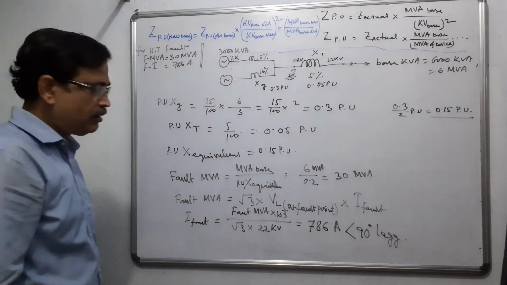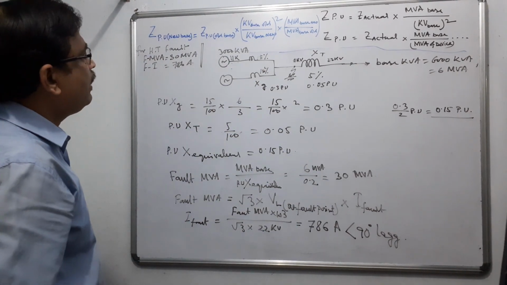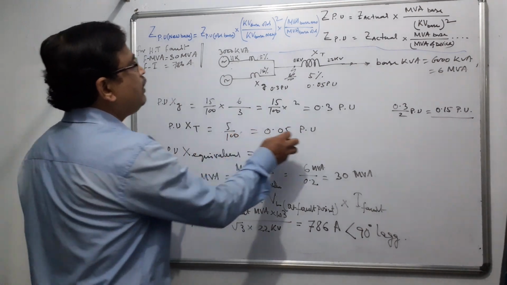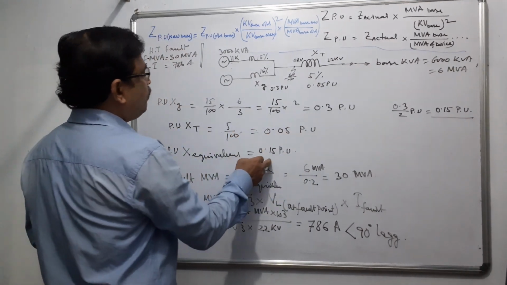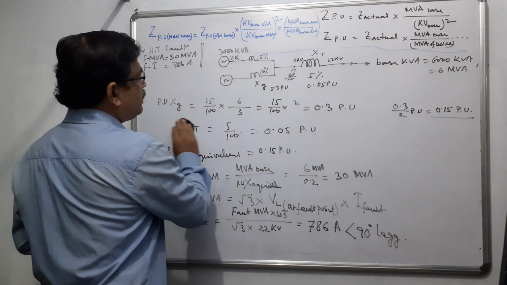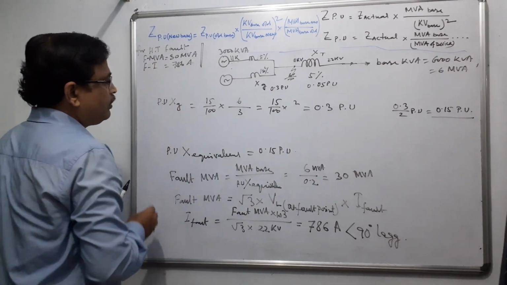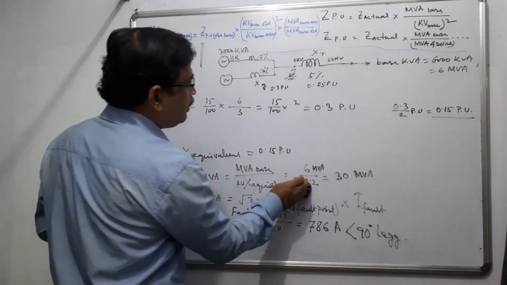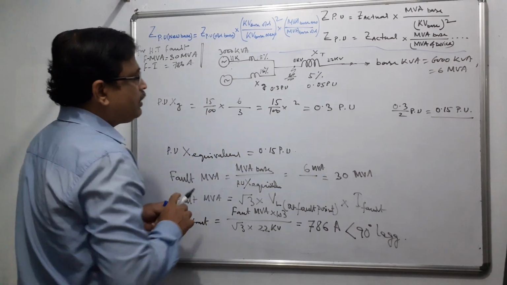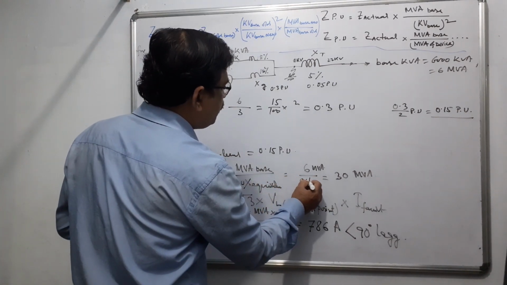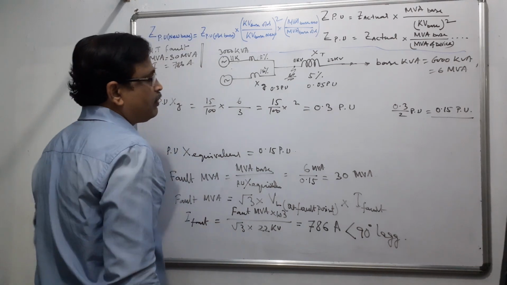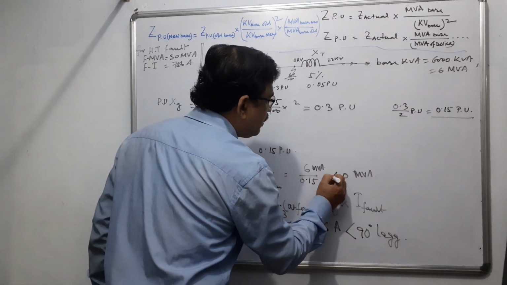I think the previous part was clear. Now it will be only this 0.15, and the transformer reactance is no more required. So fault MVA will be base MVA divided by the 0.15 per unit X equivalent, and it will be 40.